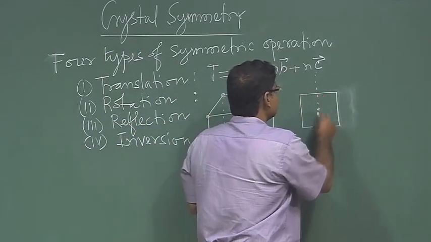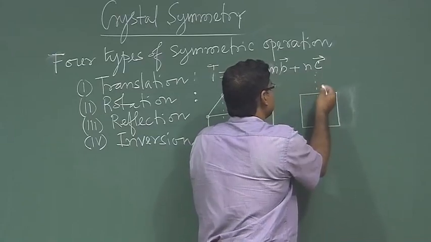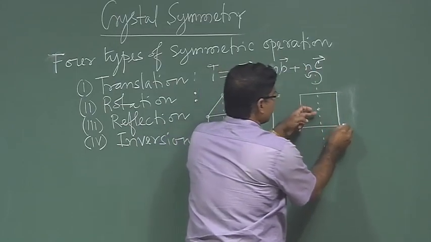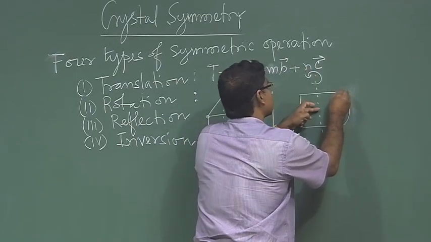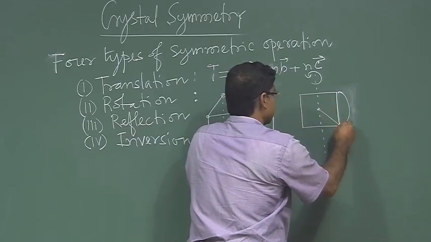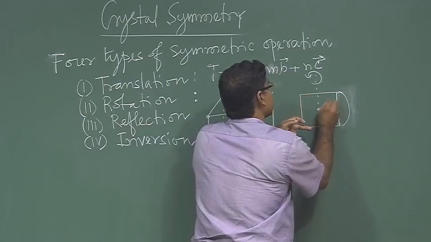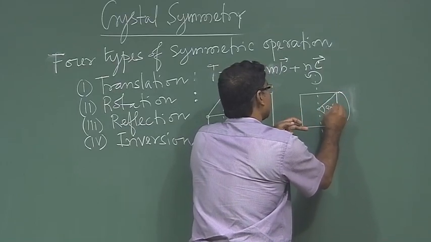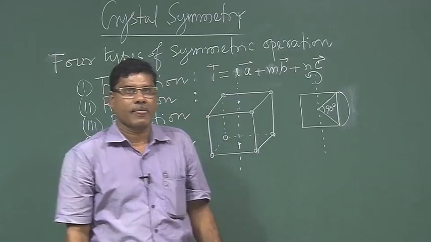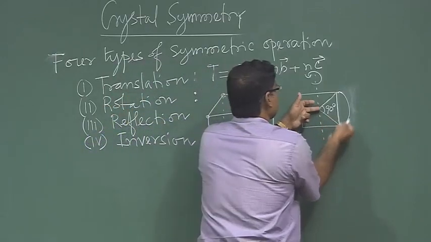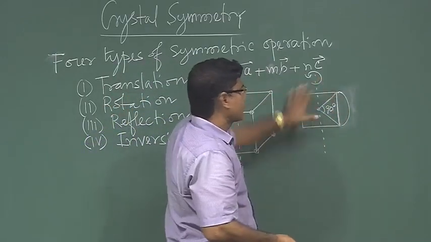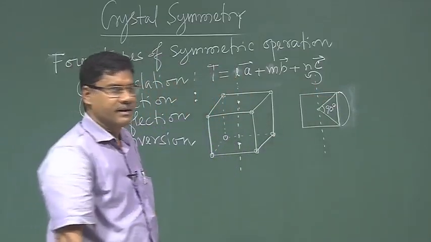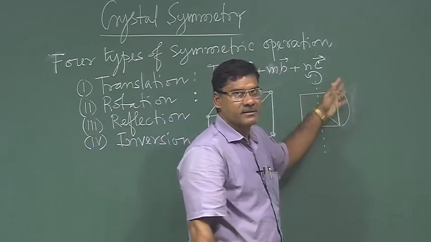So, if we imagine what will happen with respect to this axis, when you rotate, see this corner will come here, after a rotation of 90 degrees. Similarly, after this rotation of 90 degrees it will be invariant.